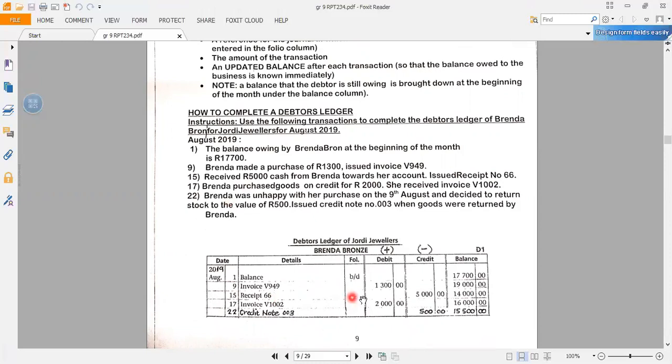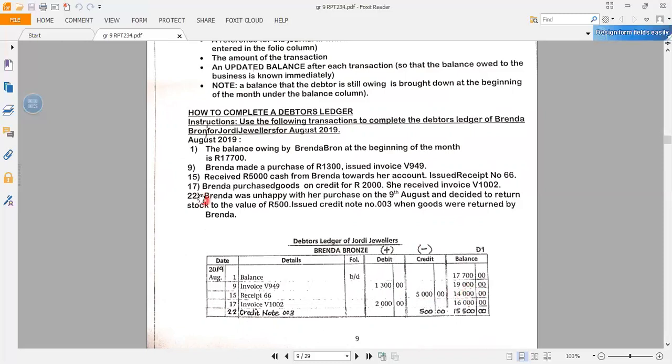And remember, because she paid 5,000 towards her account, it is now going to be reduced. Means we're going to minus it off her balance owing. So it's 19,000 minus 5,000 will give me a new balance of 14,000 Rand that Brenda owes at the end of the 15th of August.